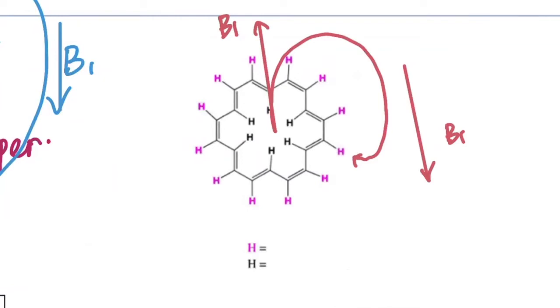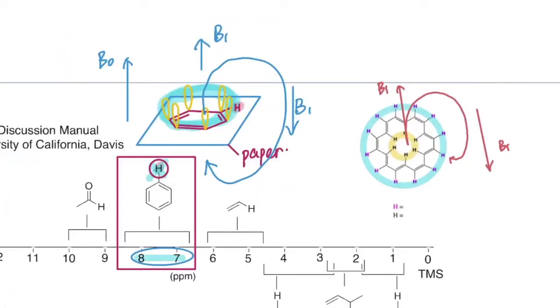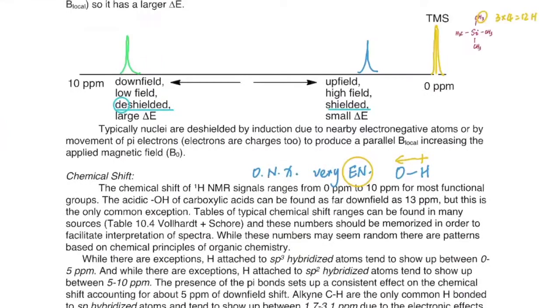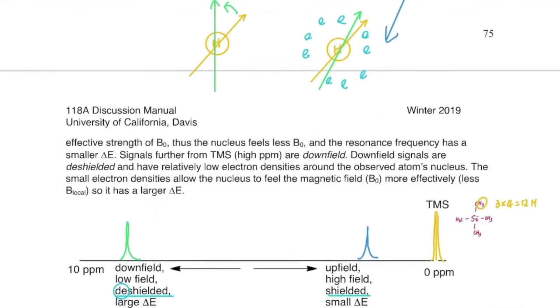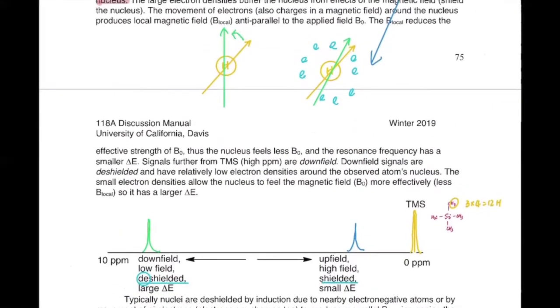I'll give you 5 seconds to guess. I'm just going to tell you the answer. The hydrogens outside have a shift around 8-9, and the hydrogens inside are actually going to be negative 1.8. That's a negative number. For whoever was asking that question, are you talking about here? Which one is shielded? When you see a bunch of electrons, that's shielded. I hope that answers your question.